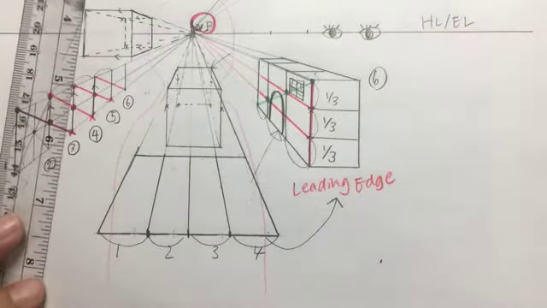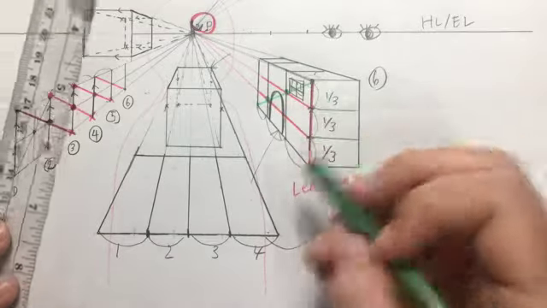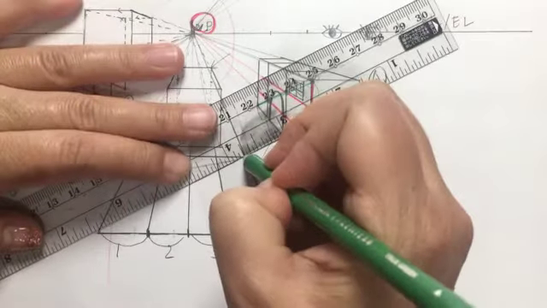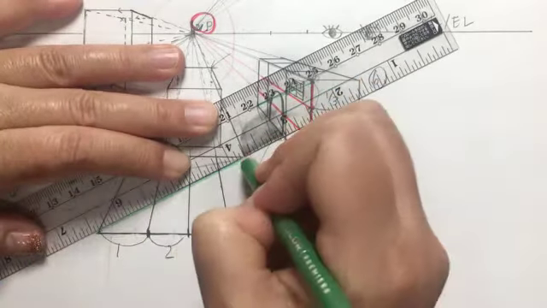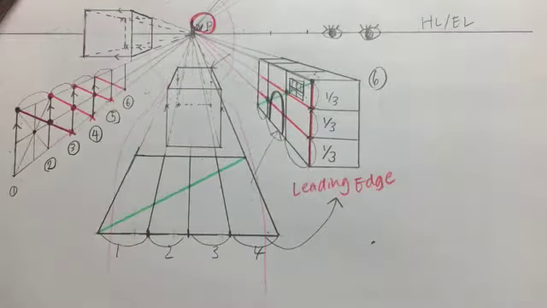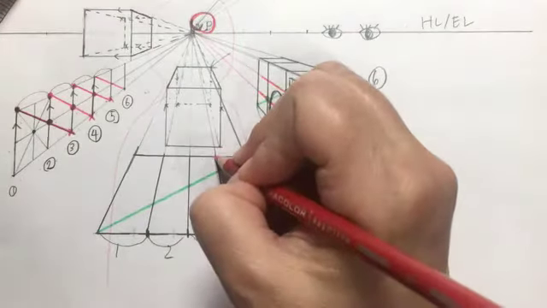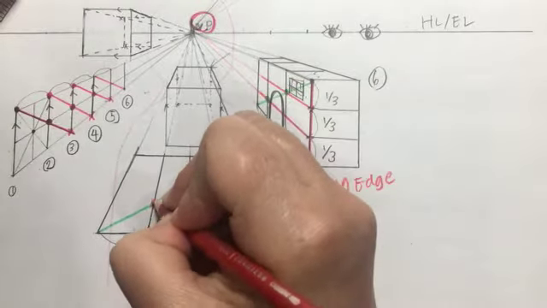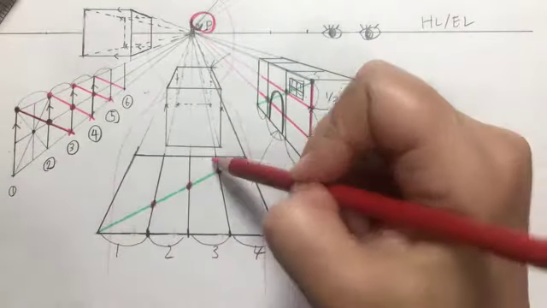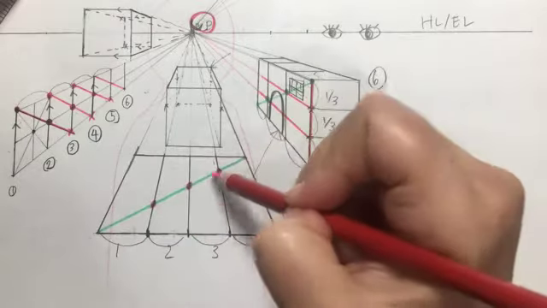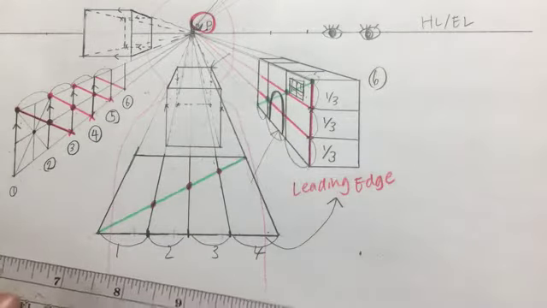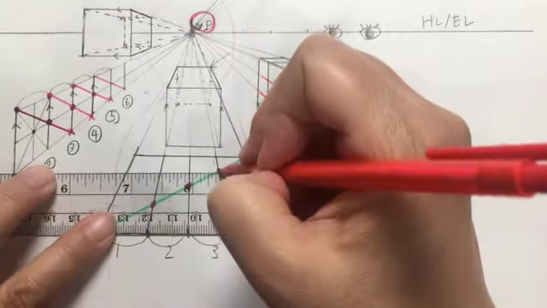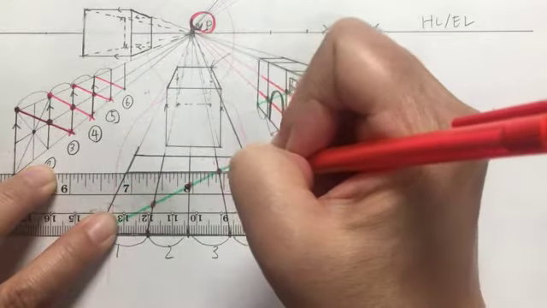Okay, and remember what I did over here? I'm going to draw the diagonal line from corner to corner and see how the two lines intersect here. Right, the green lines and the black lines intersect. This is where the division is that you want to follow.